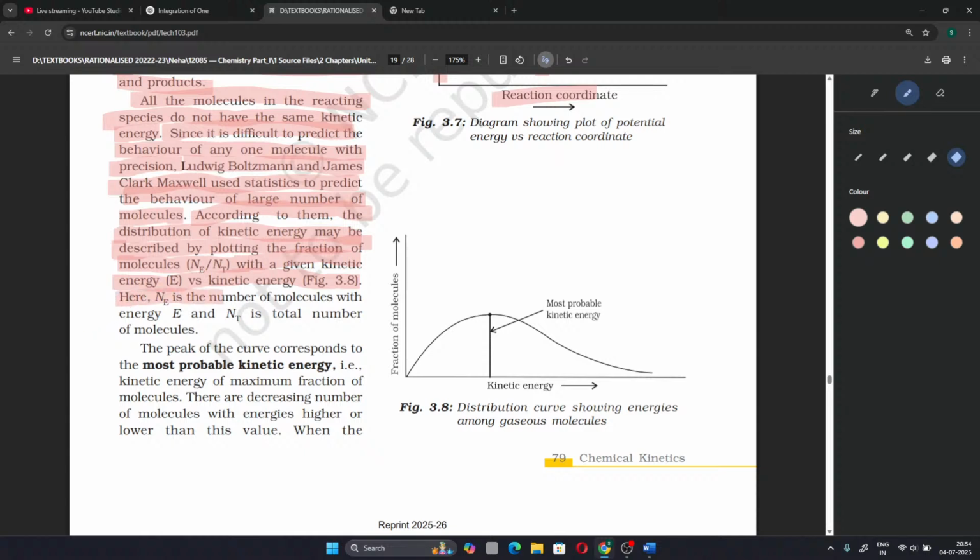Here Ne is the number of molecules with energy E and Nt is the total number of molecules. Basically, they gave a single molecule some amount of kinetic energy, and Ne is the total number of molecules having that energy.